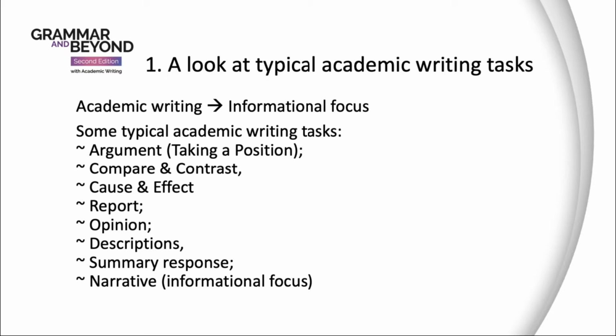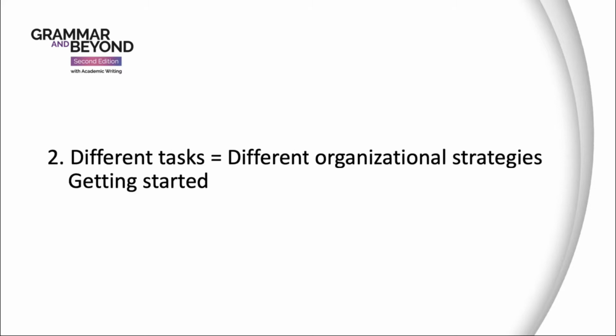We have compare and contrast, report, opinion. We even have narratives in here, but narratives that have an informational focus. And these are most typically found in disciplines like history or sometimes in geography, or certainly in English we find it. So different tasks use different organizational strategies.